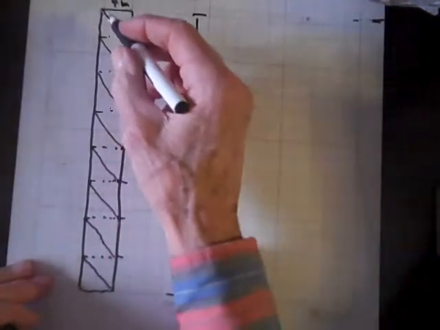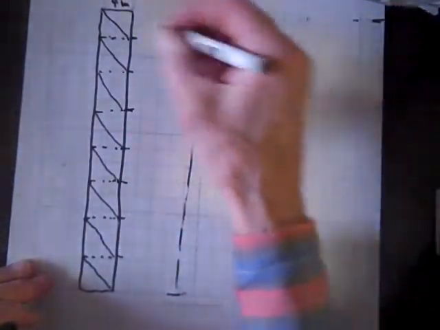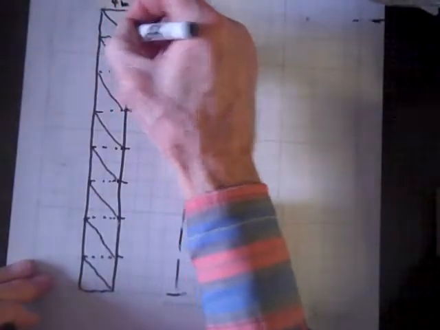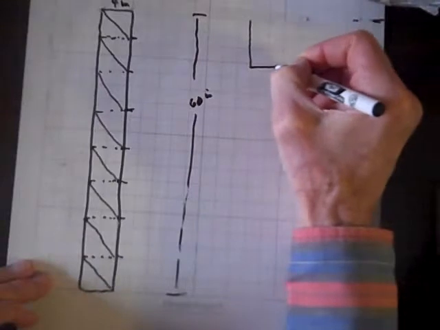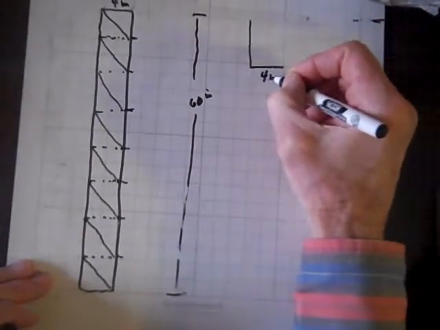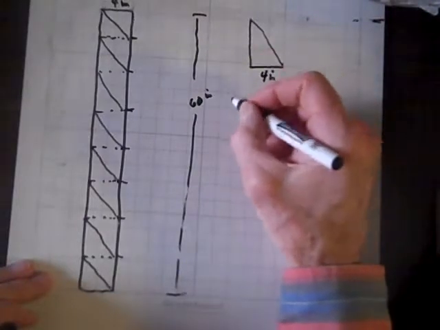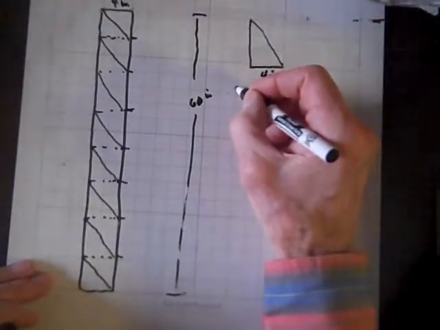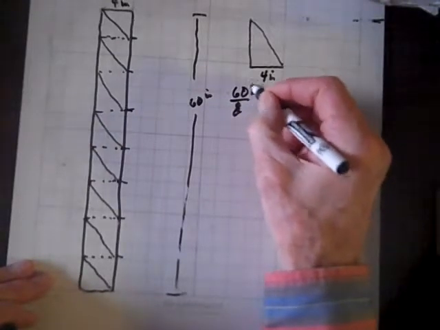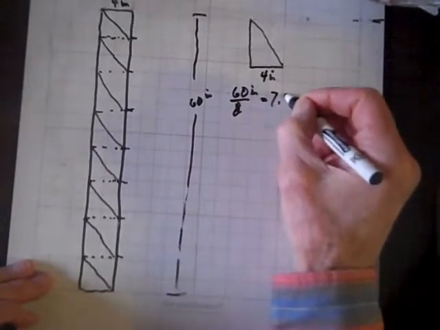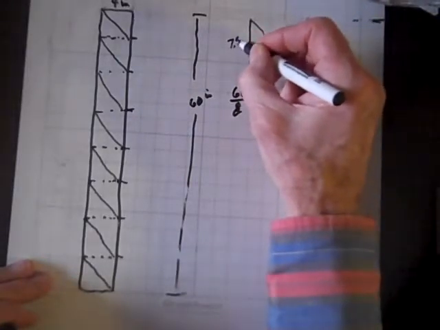So what we have in each case is a right triangle, and the width of the right triangle is 4 inches, and the height of the right triangle is going to be 60 divided by 8 inches, which equals 7.5 inches. So this is 7.5 inches.